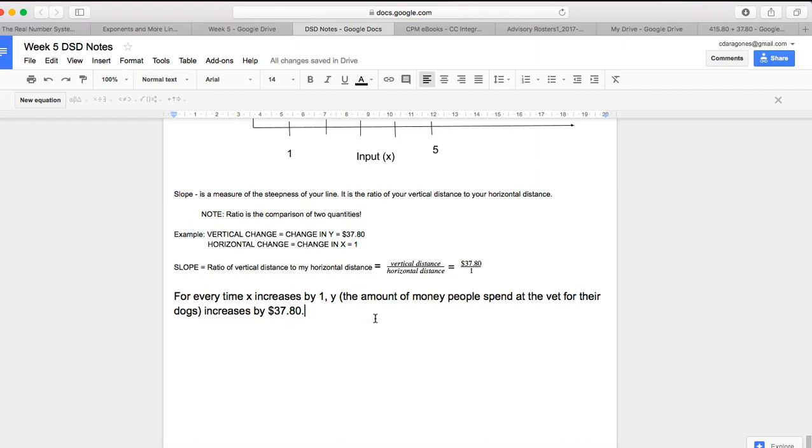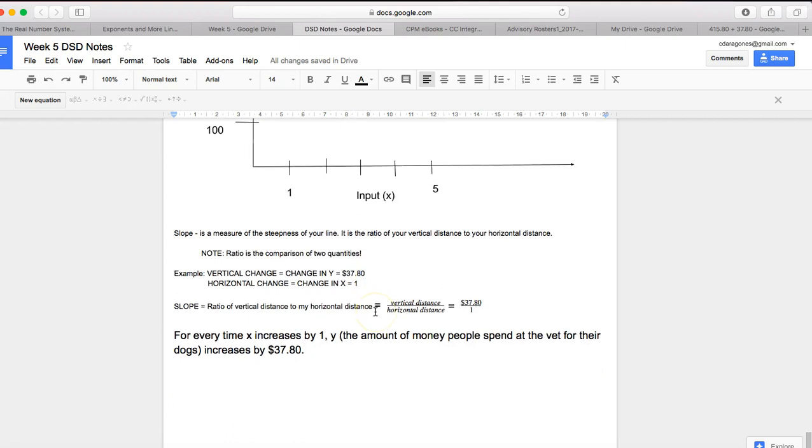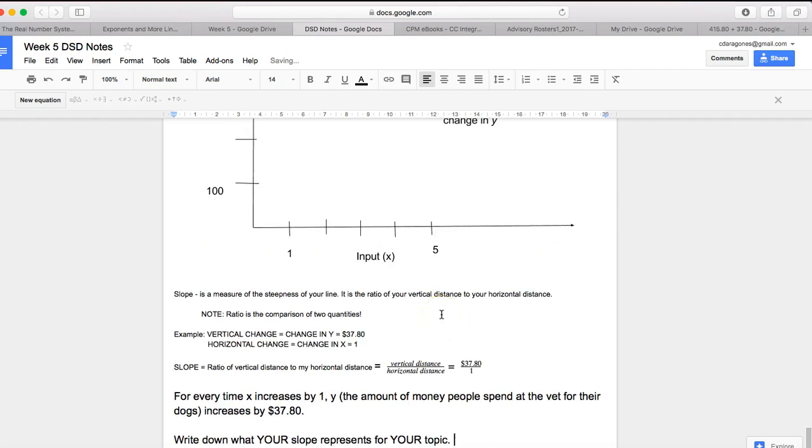So, for my last question for this part, I would like for you to write down what your slope represents for your scenario, for your topic. So maybe it's for every year, people go to more concerts, or for every extra engine, the car's horsepower goes up.